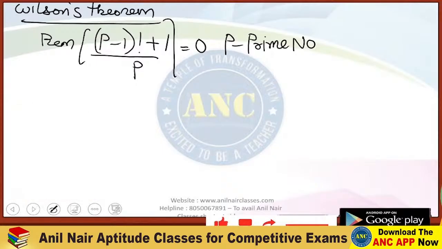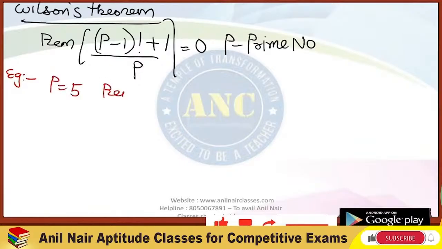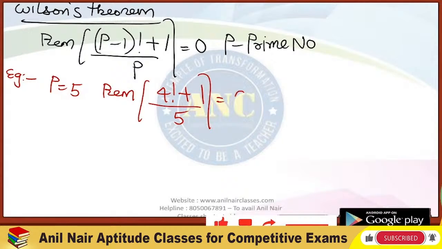Let us cross check whether this notation is right or wrong by taking P value 5. This is 5 minus 1, 4 factorial plus 1, divided by 5. 25 divided by 5. What is the remainder? 0.